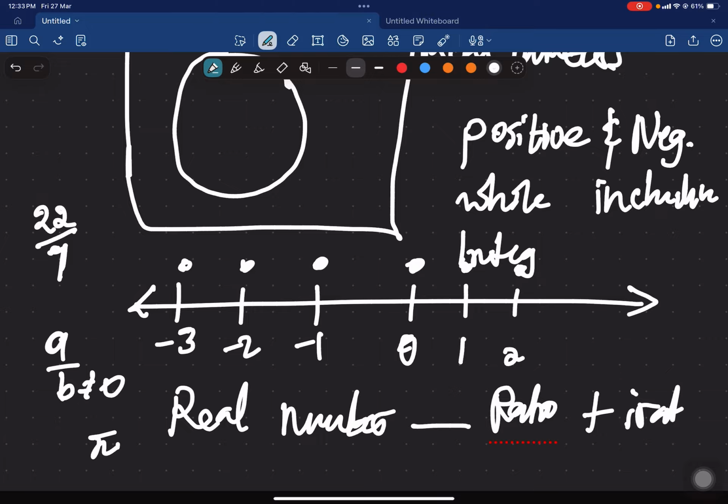Now let's look at some of the properties of these sets of numbers.